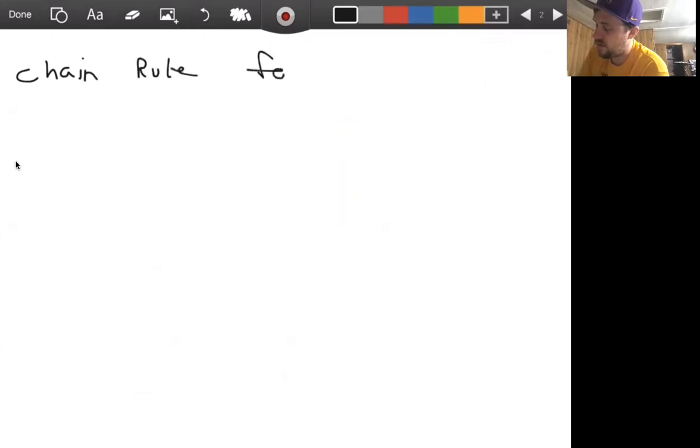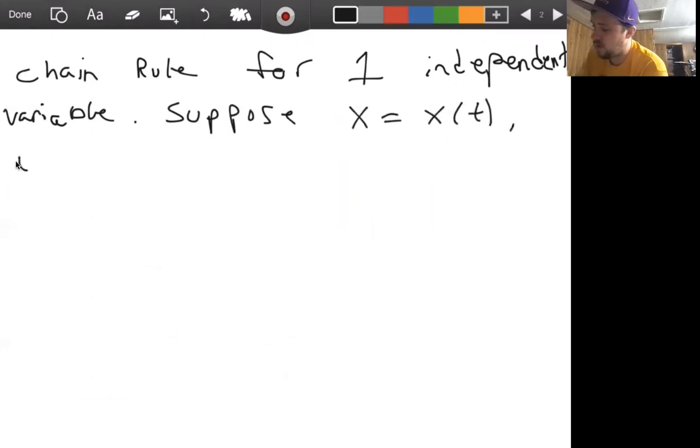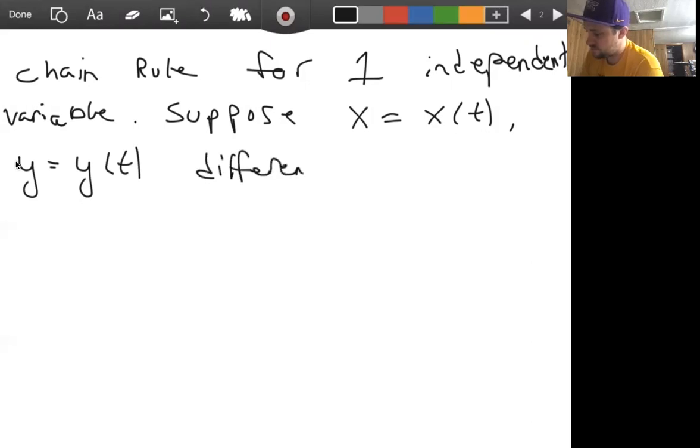Chain rule for one independent variable. Suppose we have x, which is a function of t, and y, which is a function of t. Let's suppose that these are differentiable in t, meaning that x prime and y prime of t exist.